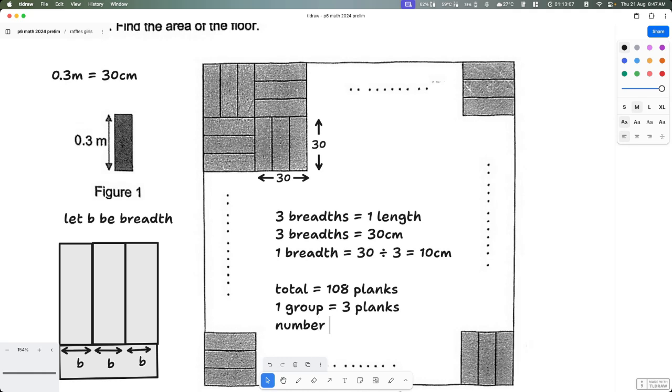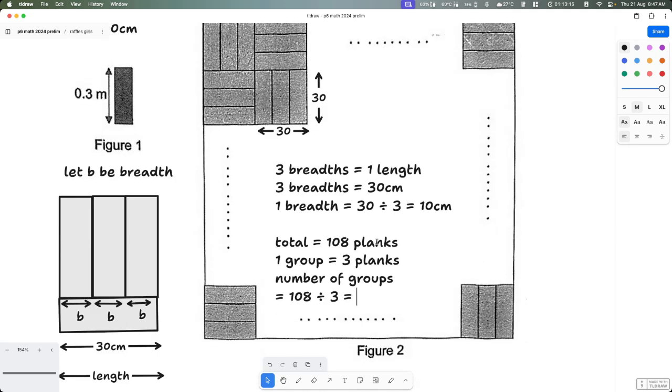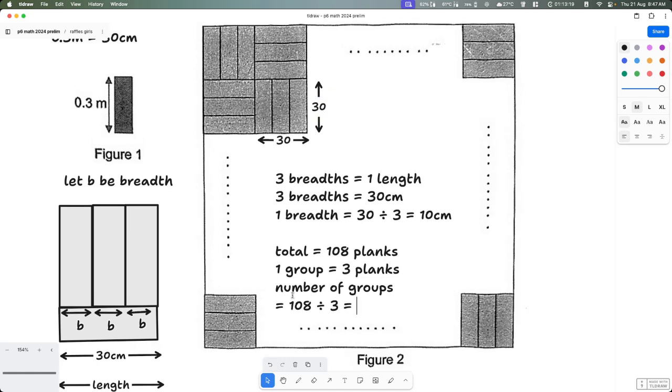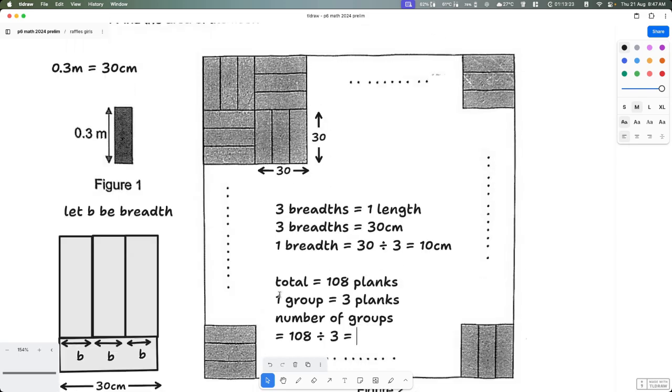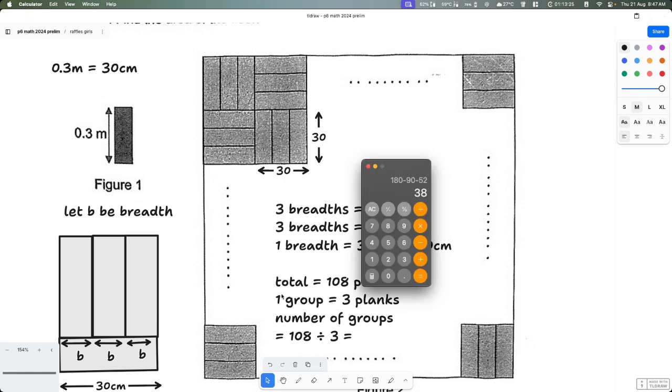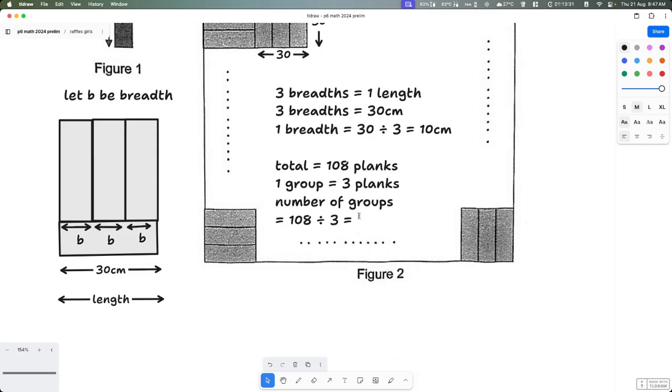So the number of groups is equal to 108 divided by 3. This will give us how many squares basically, right? So 108 divided by 3, using the calculator, this will give us 36. 36 groups.